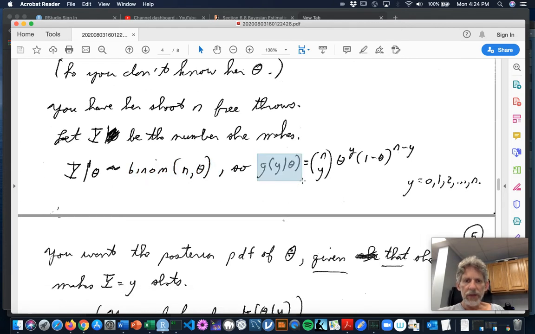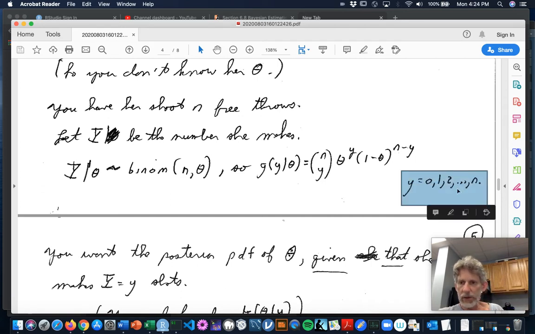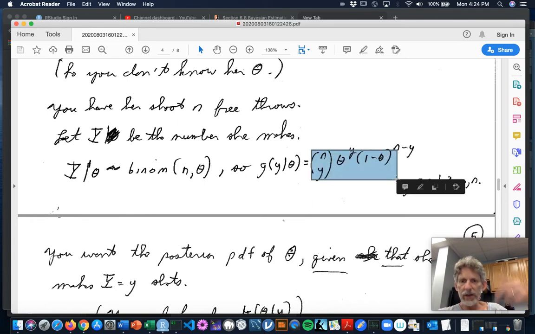The PMF for that binomial would be written g of y given theta, where y is a possible number of hits, anywhere from 0 to little n. The chance to have exactly y hits is n choose y, theta to the y, 1 minus theta to the n minus y, the PMF that you know for binomials.